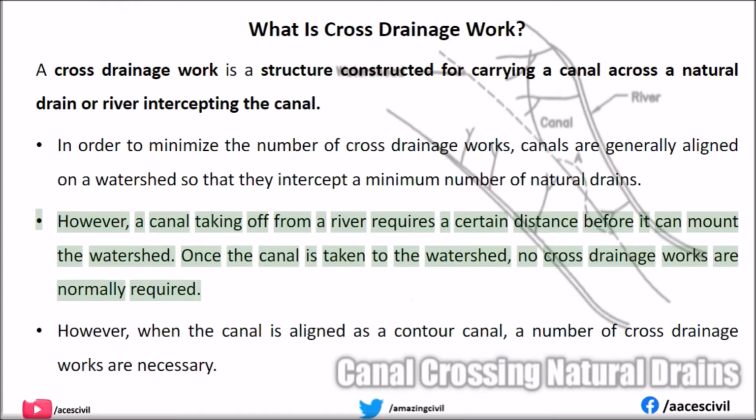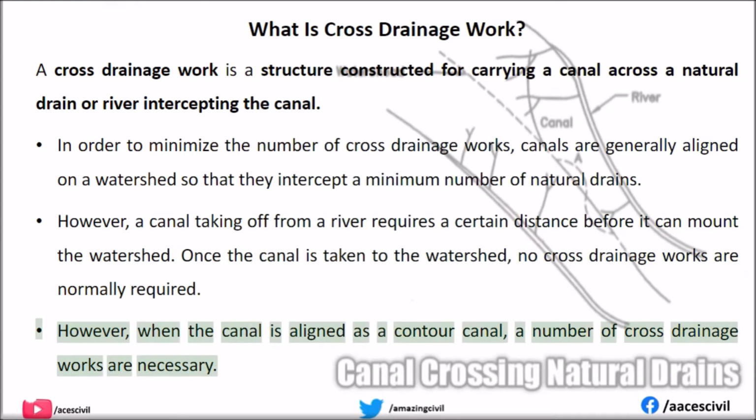Once the canal is taken to the watershed, no cross-drainage works are normally required. However, when the canal is aligned as a contour canal, a number of cross-drainage works are necessary.